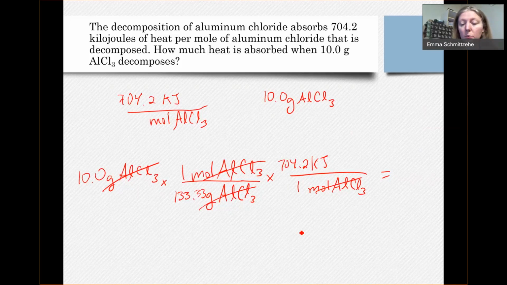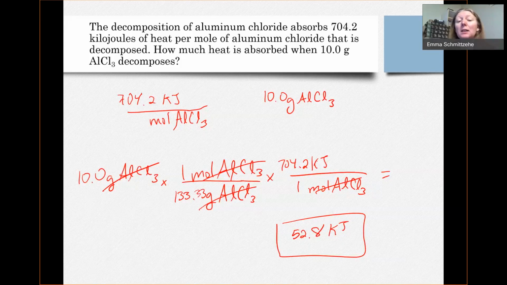So 52.8 kilojoules is how much heat is absorbed when I decompose 10 grams of aluminum chloride. So you should be able to quantify the heat associated with a specific reaction based on known information about that reaction, a heat per gram or a heat per mole piece of information.